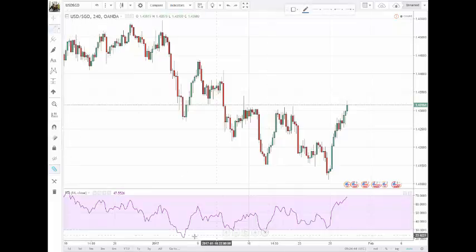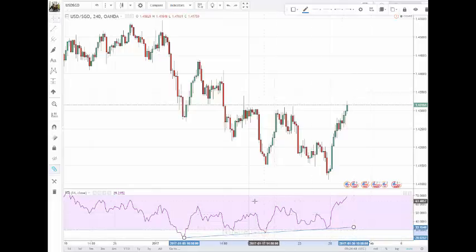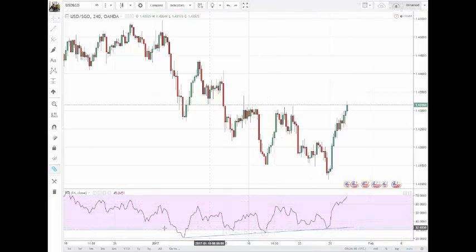We see it from over here, that the momentum, the strength of this move is turning around. We see that the RSI is showing higher lows, while we are still seeing lower lows on the price. So this, to me, is an indicator that the move down is changing, it's turning around, and that is actually what's happening over here.